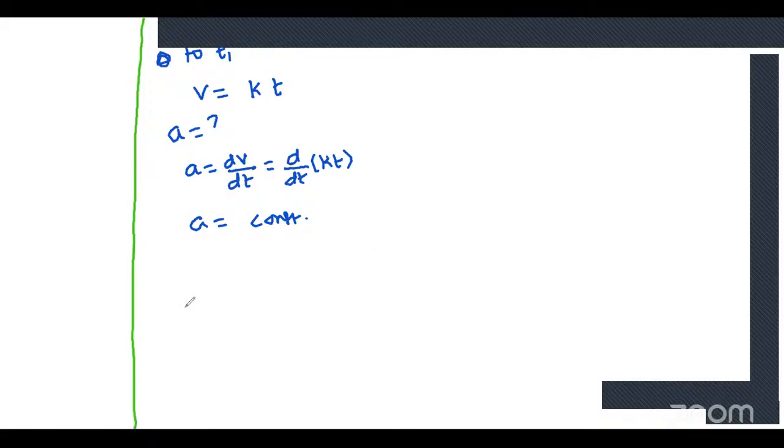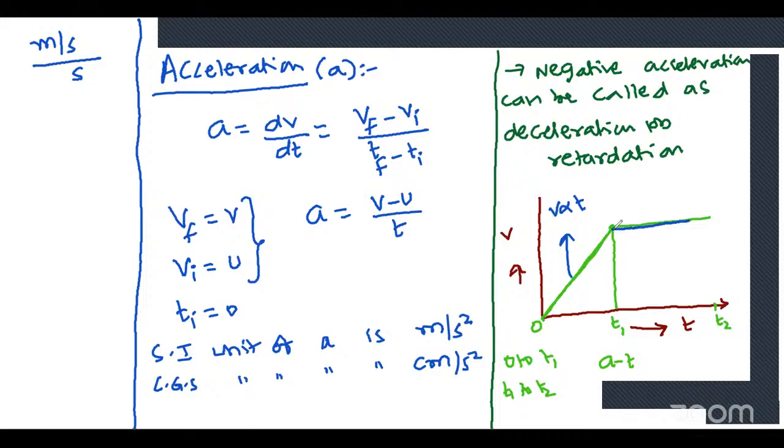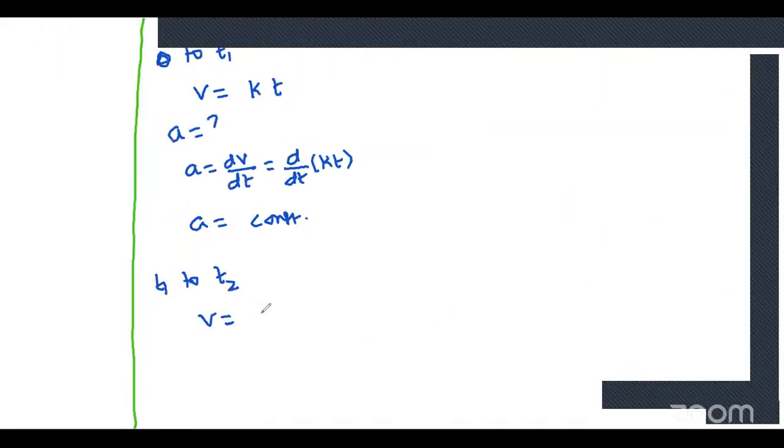And from t1 to t2, you can see velocity is constant. When velocity is constant, what will be the acceleration? That is dv by dt, d by dt of constant. What is the value of d by dt of constant?